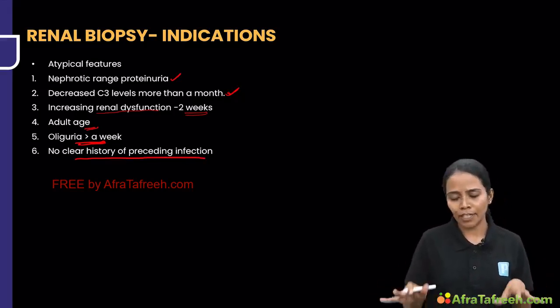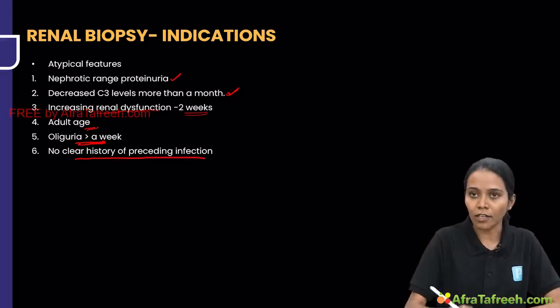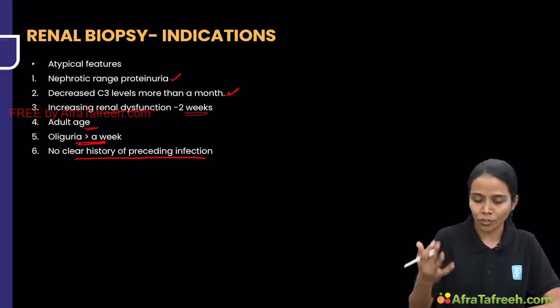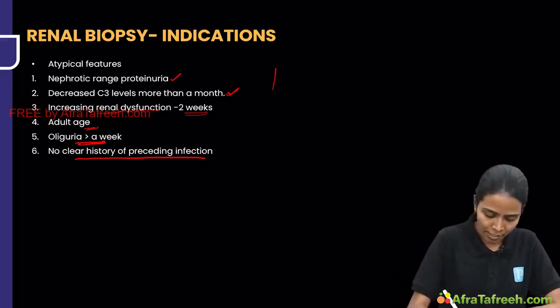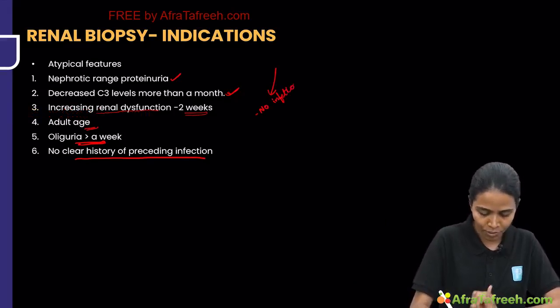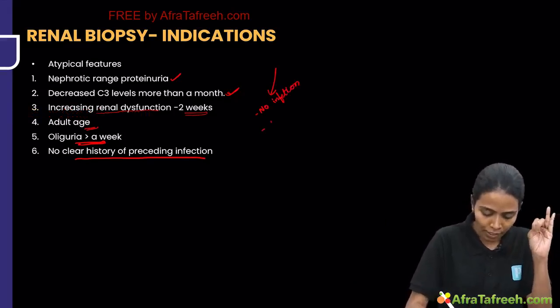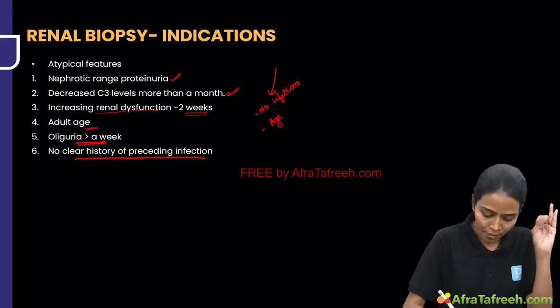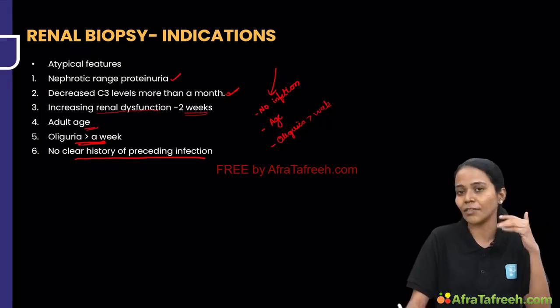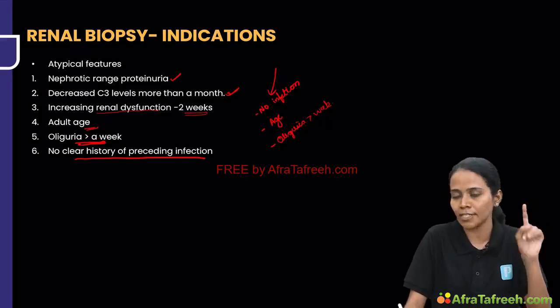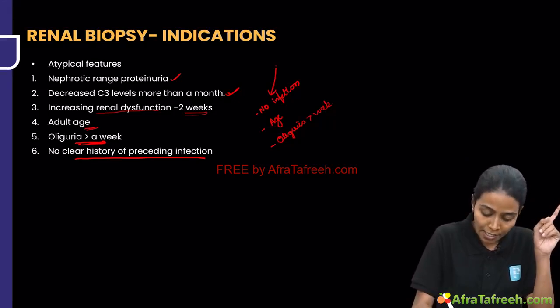So let us divide this chart into history, physical examination, and investigations. History: if there is no infection history that you are getting from the patient, or if the age is adult age, or if the child is having oliguria for more than a week. So these are the features on history that will help us show that this is an atypical case and it might require biopsy.